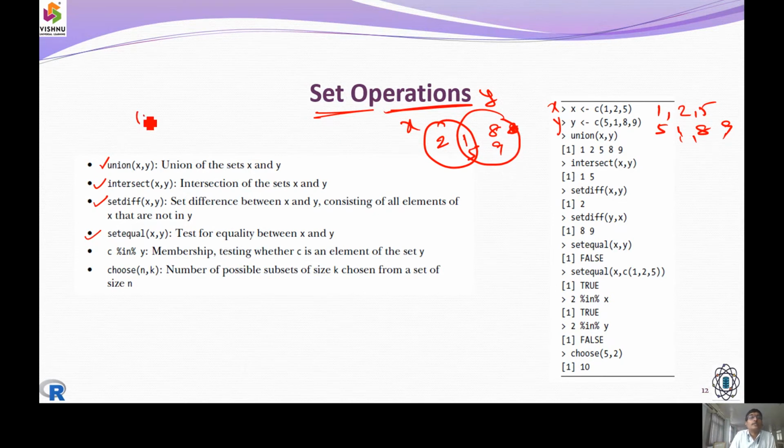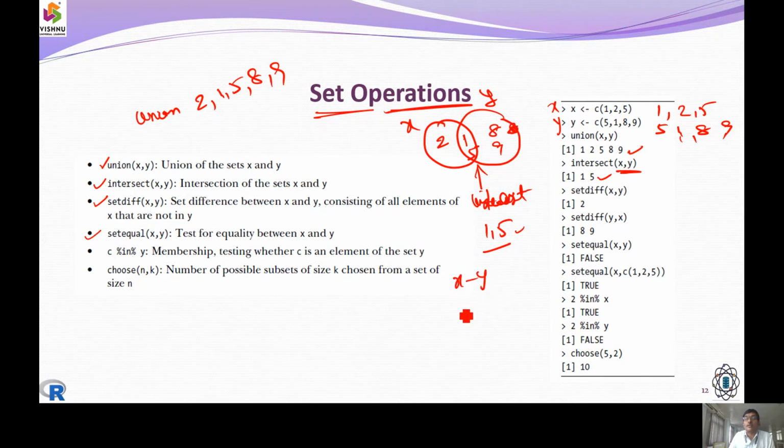Now when I put the union, it gives 2, 1, 5, 8 and 9, we get this value. Then it is going to be the intersection. So obviously we will be getting only 1 and 5, that is intersect of x comma y, and then it is like this, x minus y, it is set difference, and y minus x.